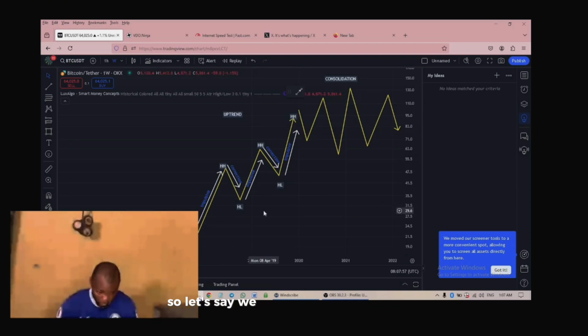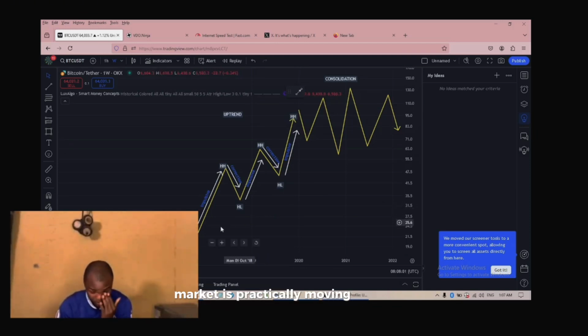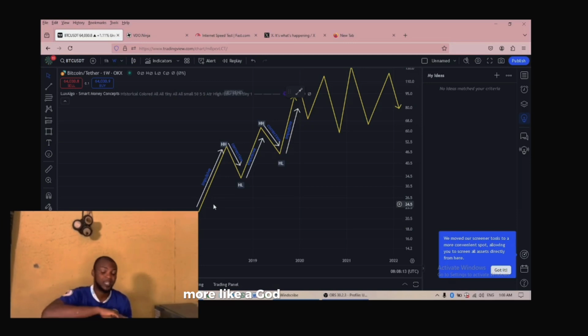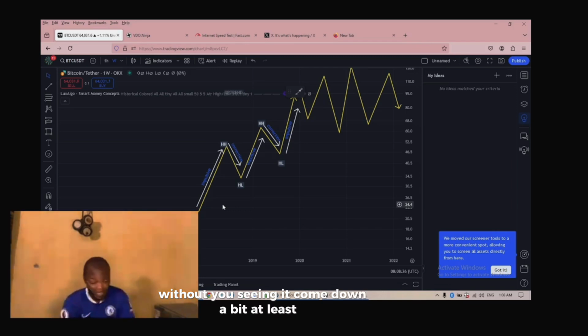Let's say the market is moving in an uptrend. The first move is always an impulsive move. You see a move just go straight, it goes parabolic up, and there is no way the market will continue going up without you seeing it come down a bit.